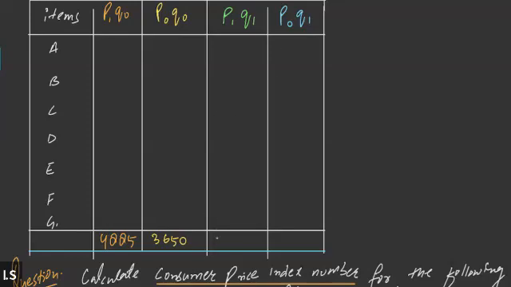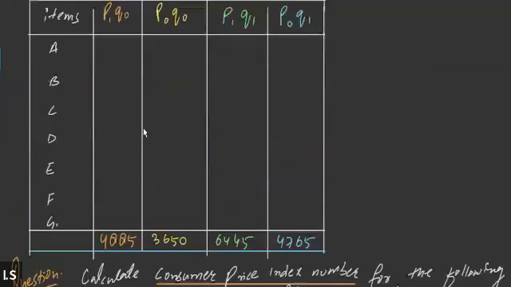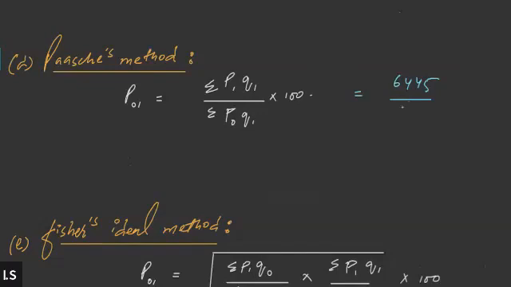Tell me P1Q1. 6445. Okay, and P0Q1. 4765. Okay, so 6445 divided by 4765 multiply with 100. The answer is 6445 divided by 4765 into 100. It should be 135.25.